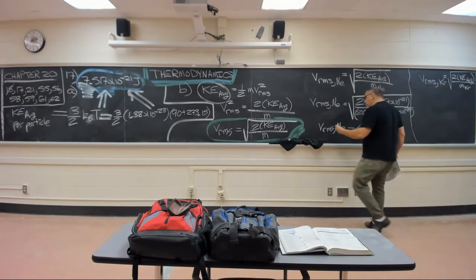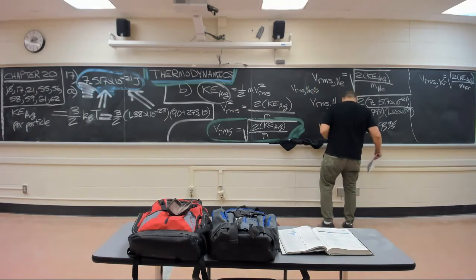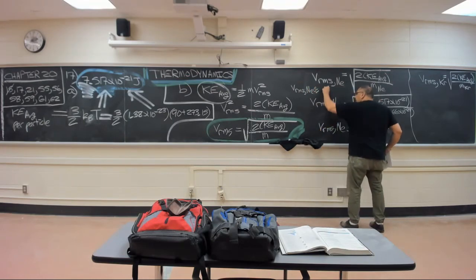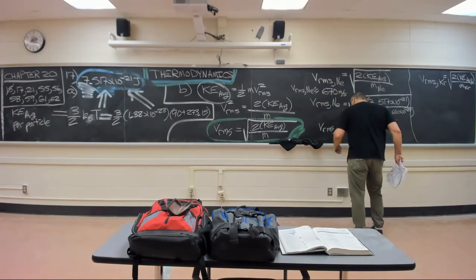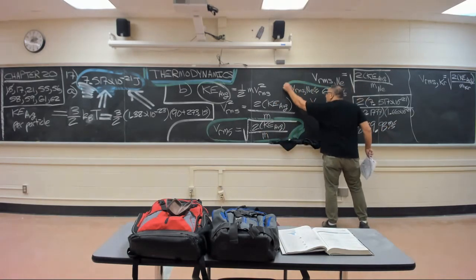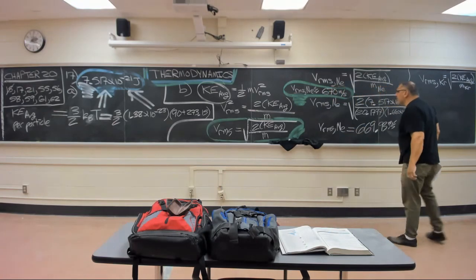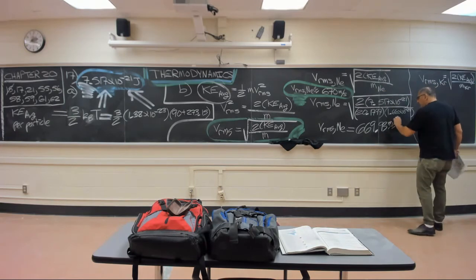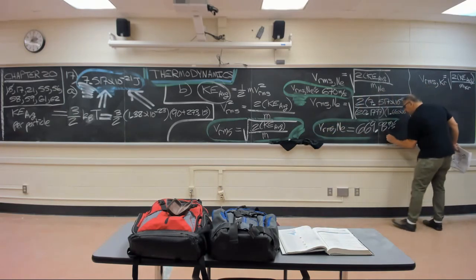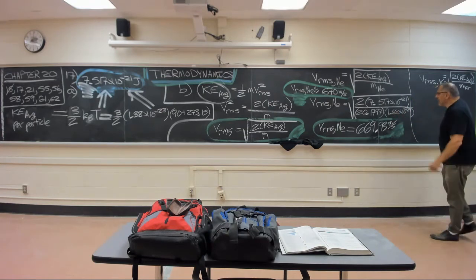That's roughly 670. So this is roughly the speed of a neon atom in that environment. This is perhaps a more accurate assessment of that. That's how fast they're going.